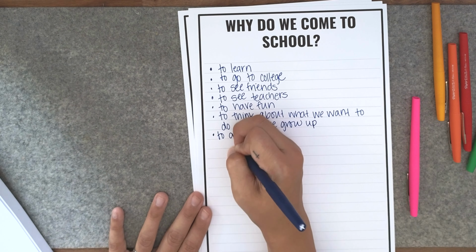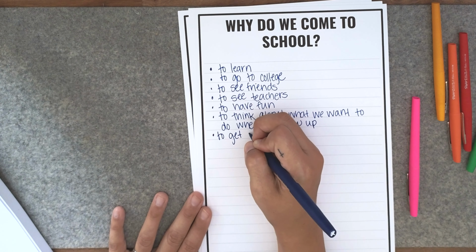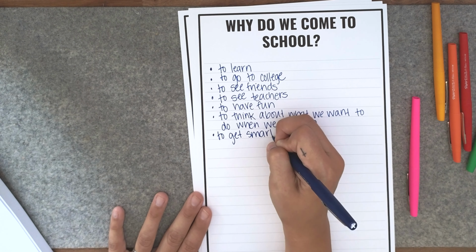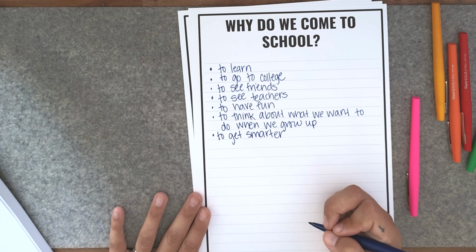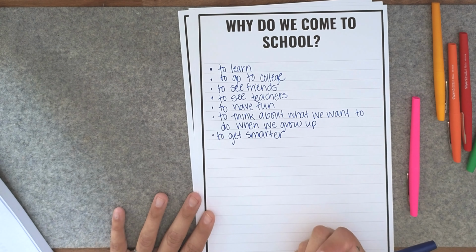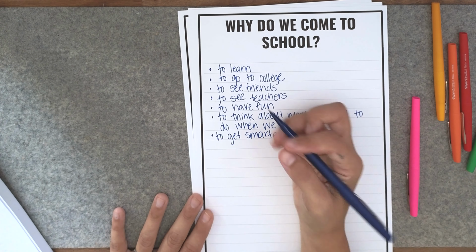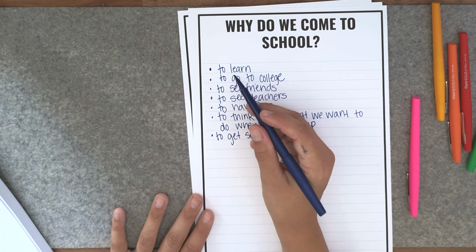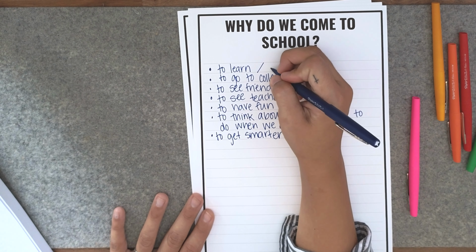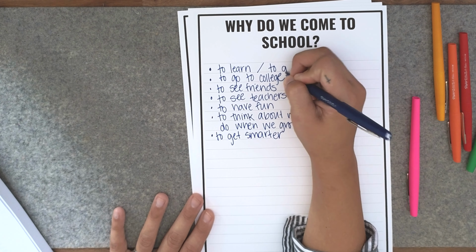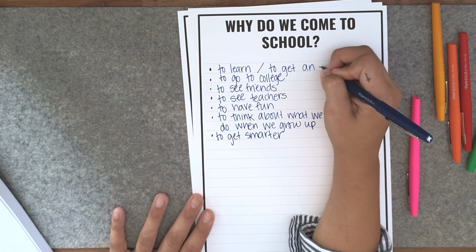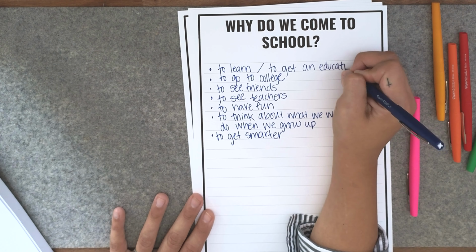Now, you might have somebody who gives you a response that is similar to one of the responses that you have up here. So for example, we had a student who said, get an education, which is great, but that's pretty similar to learn. So up here, I just did a slash and did to get an education.